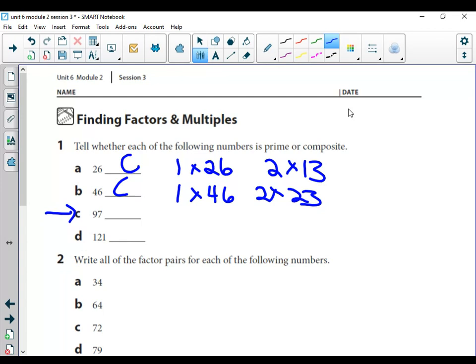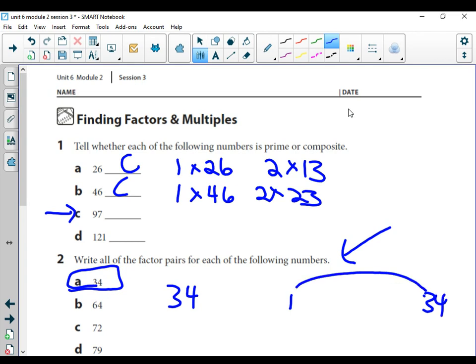Think deeply about it. And then, you guys, they want you to write all the factor pairs for each of the following numbers. So 34, you're thinking, what are all the factors of 34? And I always start, this is where I'm going to do like what we used to do, the rainbow for it. So 1 and 34.